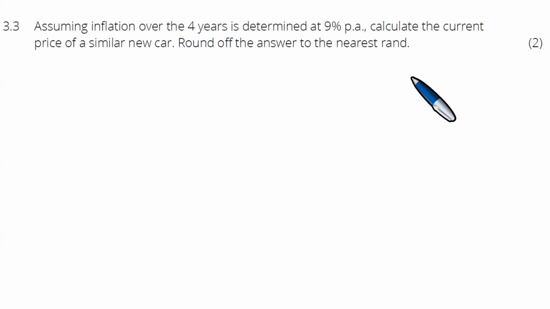Now we are dealing with inflation. As we deal with inflation, we have the following. Now, what are we supposed to do here? Calculate the current price of a similar new car.